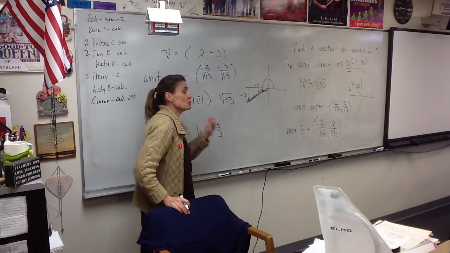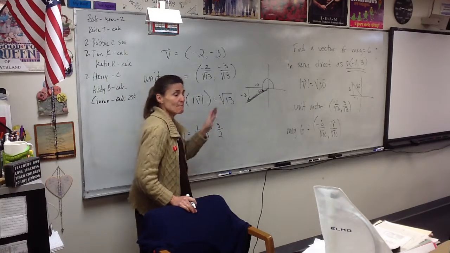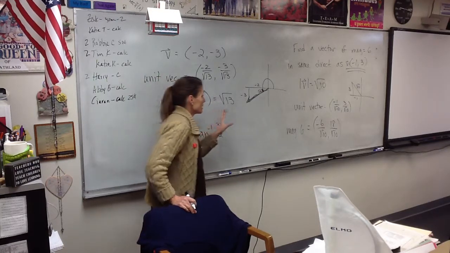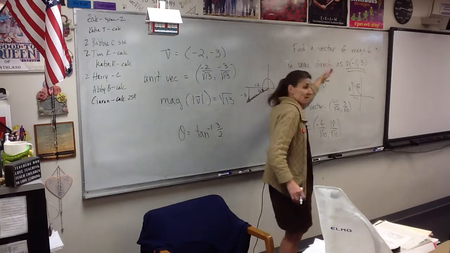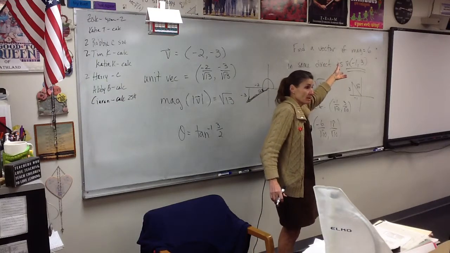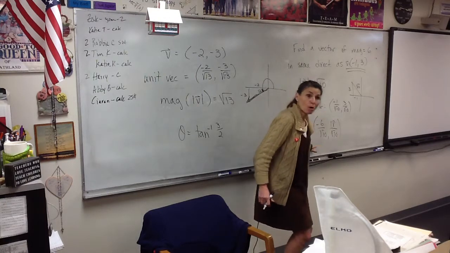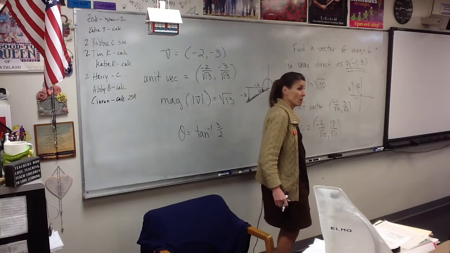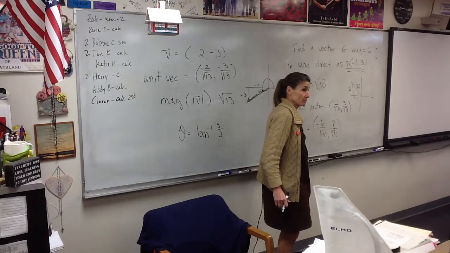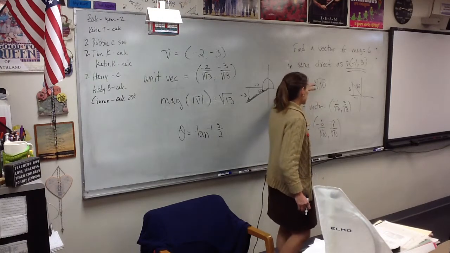You can find a vector of any magnitude by simply taking whatever the given vector is, making it a unit vector, and then multiplying by whatever length you want. Let's say that again.